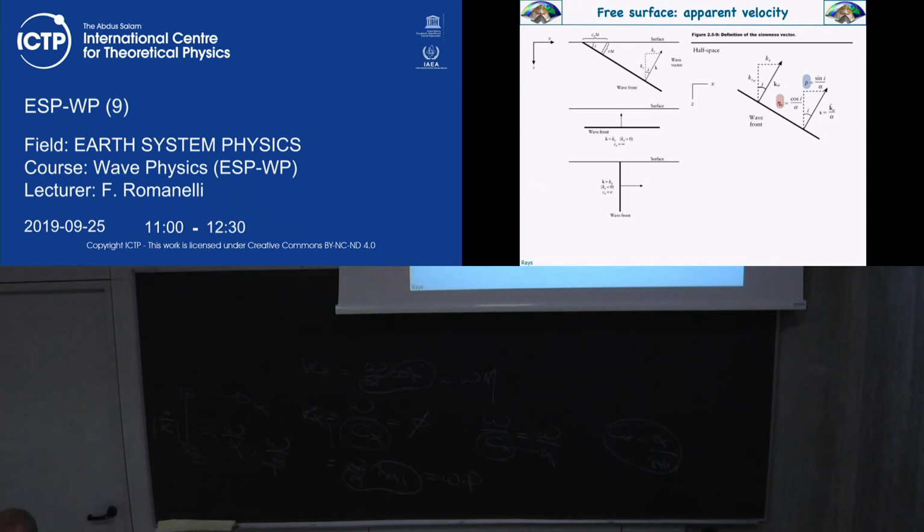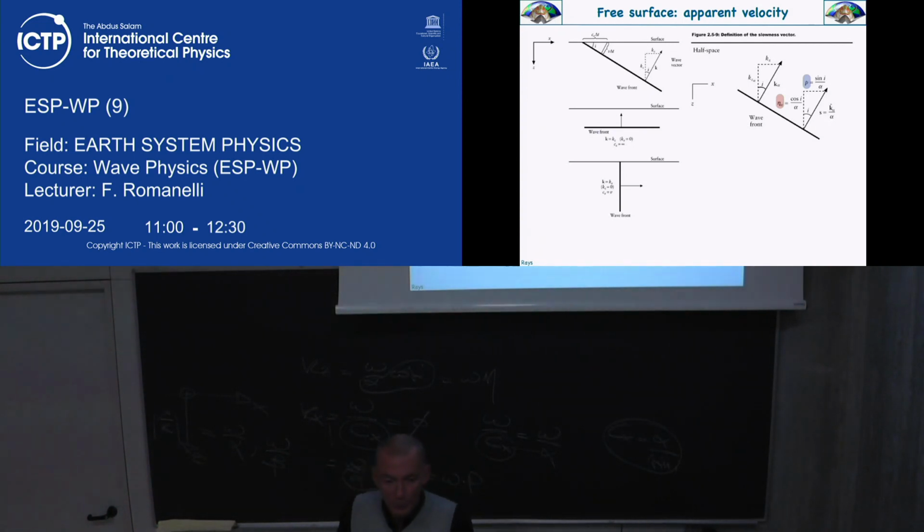Okay, up to now we have just given names to very simple quantities. But we have seen that the x component is important because this quantity here is going to stay constant, whatever is going to happen downstairs. Is it okay up to now?